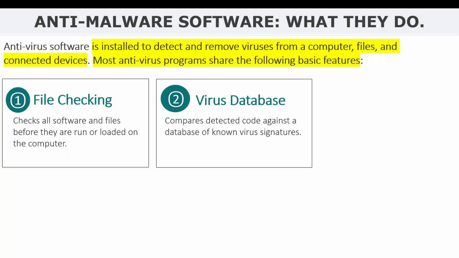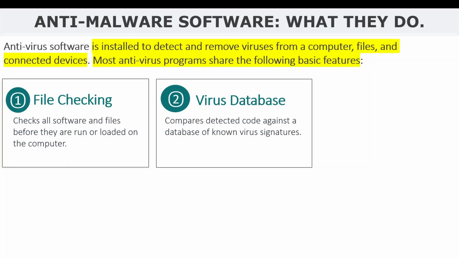The second one is the virus database. Here, it compares detected code against a database of known virus signatures. Every known virus has a unique pattern of code called a virus signature, and the antivirus software stores this signature in a database.